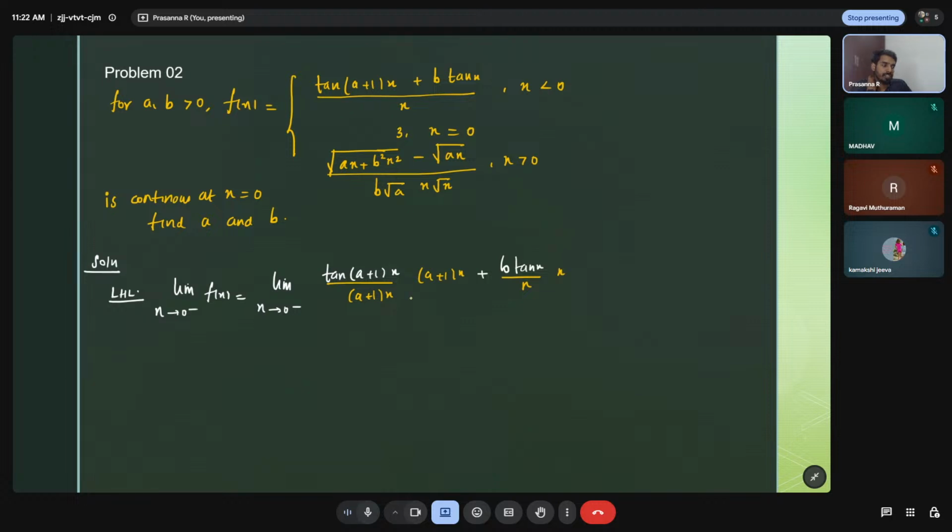We know tan f of x by f of x is 1. So this reduces to (a plus 1) times x plus bx divided by x. So a plus b plus 1 is your LHL.